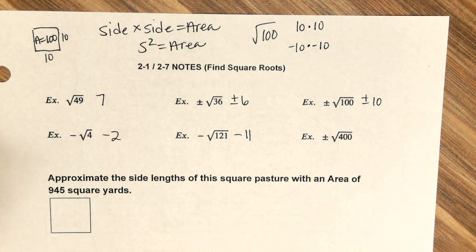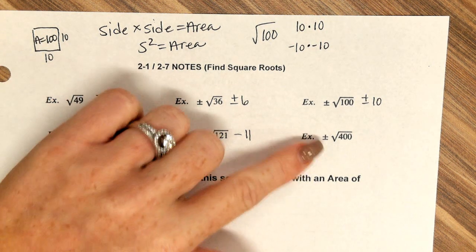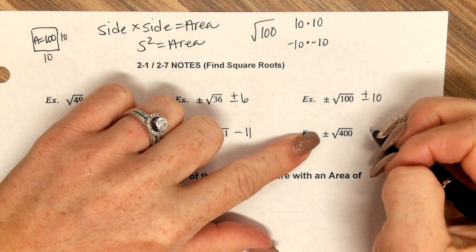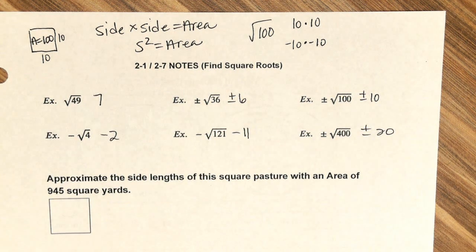And the last one, the square root of 400, well, 20 times 20 is 400, and it wants both versions of the answer, so plus and minus 20. Those are called perfect square roots. They're perfect because they give you a whole number or an integer. Okay, we're going to go into non-perfect square roots in a minute, and we're going to talk about them.